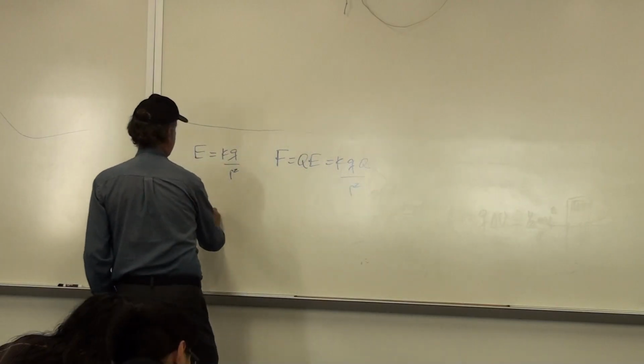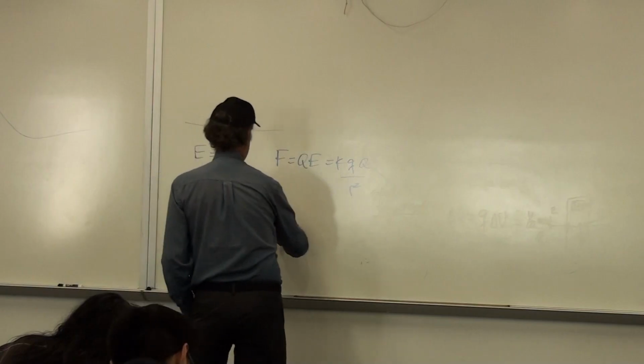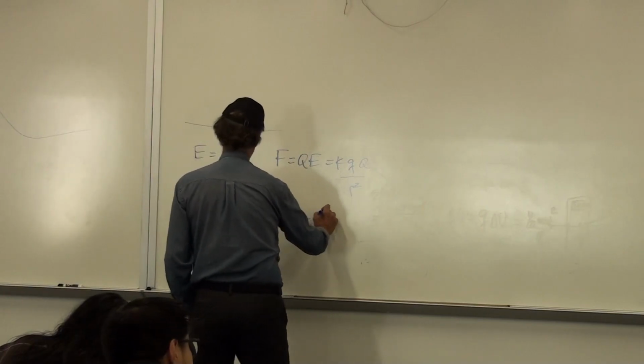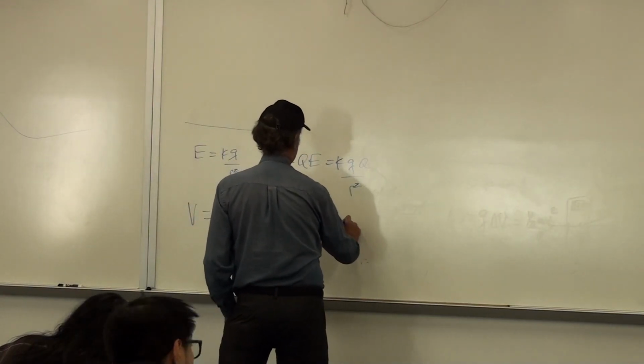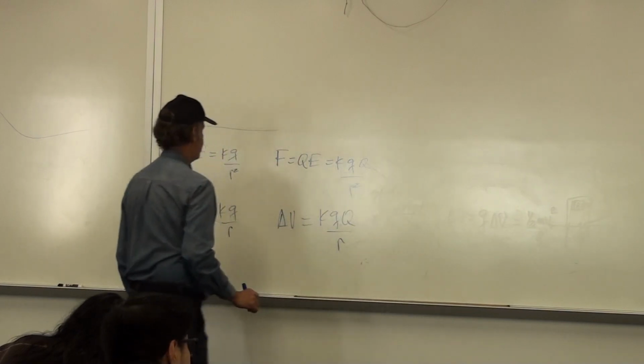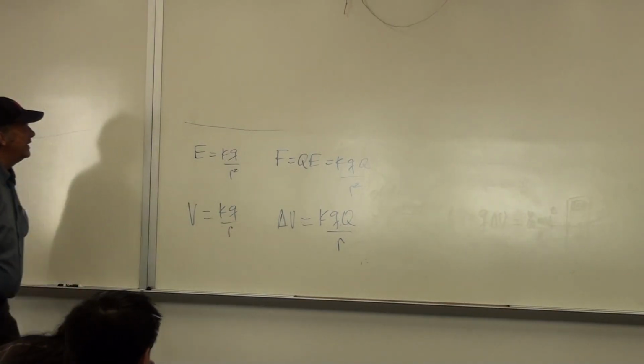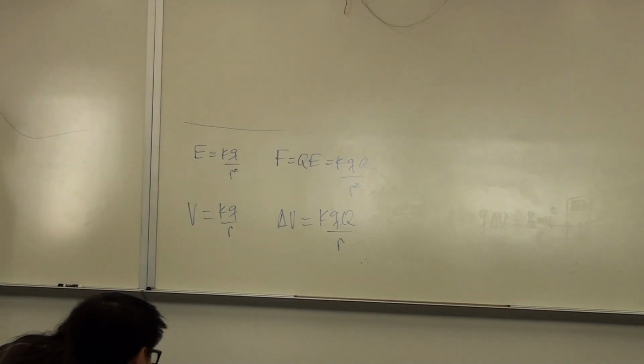We have electric potential, which is kQ over r. And we have electric potential energy, which is k q times big Q over r. Two of these are vectors, and two of them are scalars, and they look kind of similar. And they're easy to mix up.